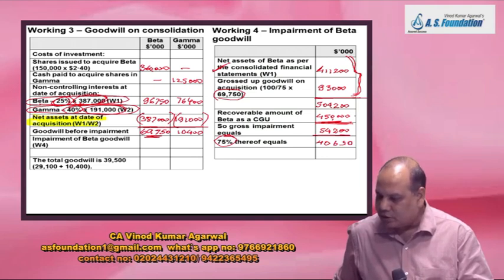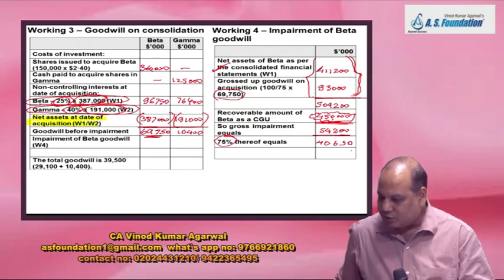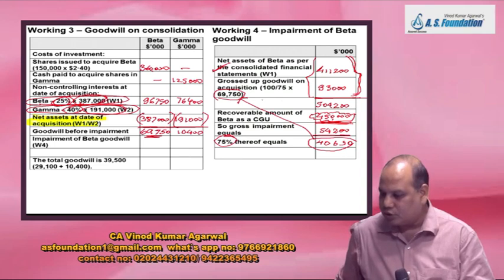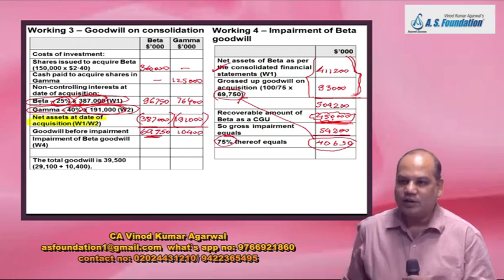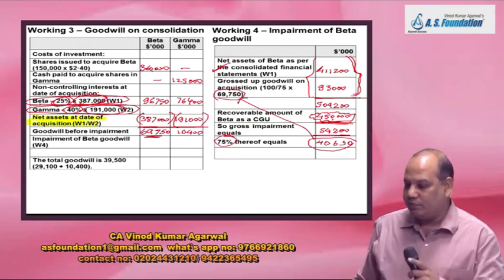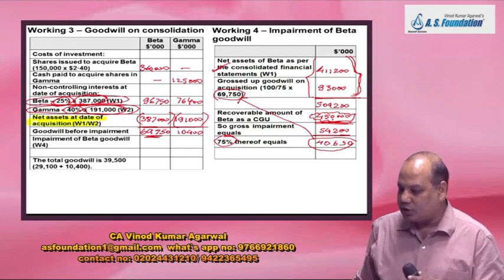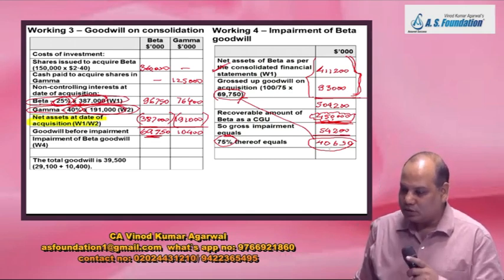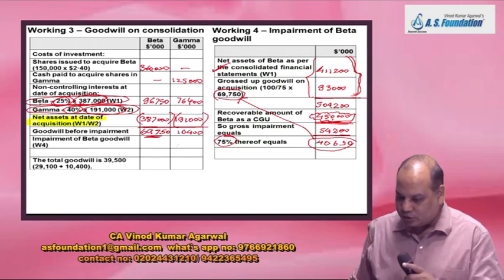So in case of proportionate method, if the recoverable amount is given including the goodwill, first you find out the gross goodwill compared. Now this impairment loss, can it be fully allocated to goodwill, or should it be allocated to goodwill and asset? Is goodwill sufficient to absorb this entire impairment loss? Yes. So come back to working note 3.